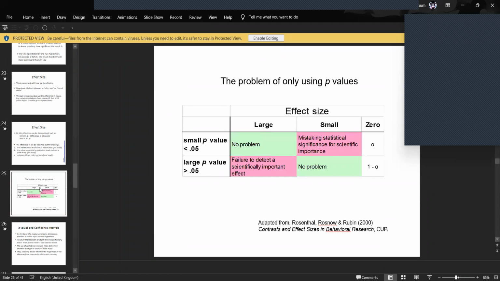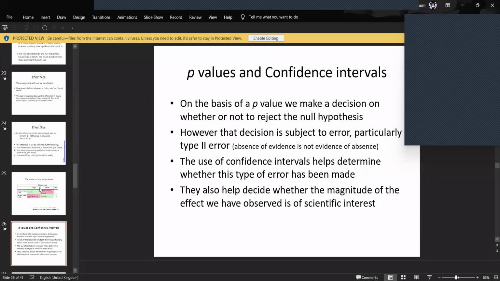The p-value is small, but the effect size is small. And so the drug is useless, but we're saying that it's helpful, or the opposite could happen. And so we can use confidence intervals to look at whether or not that's the case, right? And we can also help decide whether or not the magnitude of the effect, or the effect size, is actually worth looking into.